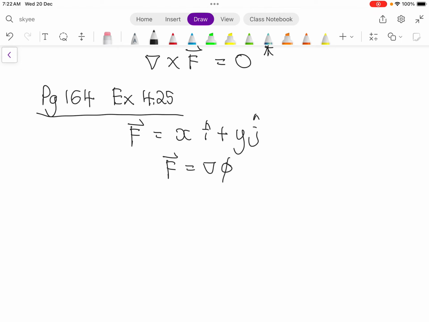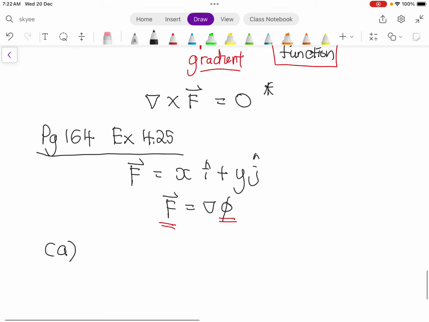So you have to find the potential function. If you are able to find the potential function, you can prove that f is conservative. So the first step is, we try to prove that f is conservative by using this formula.